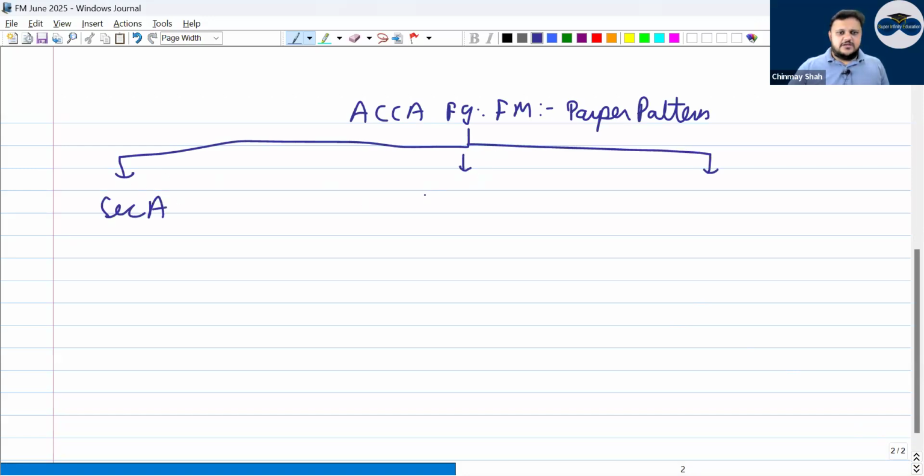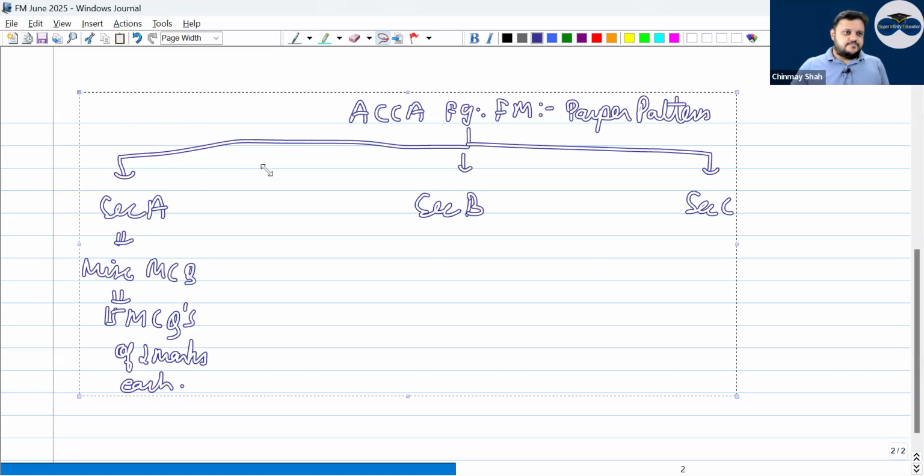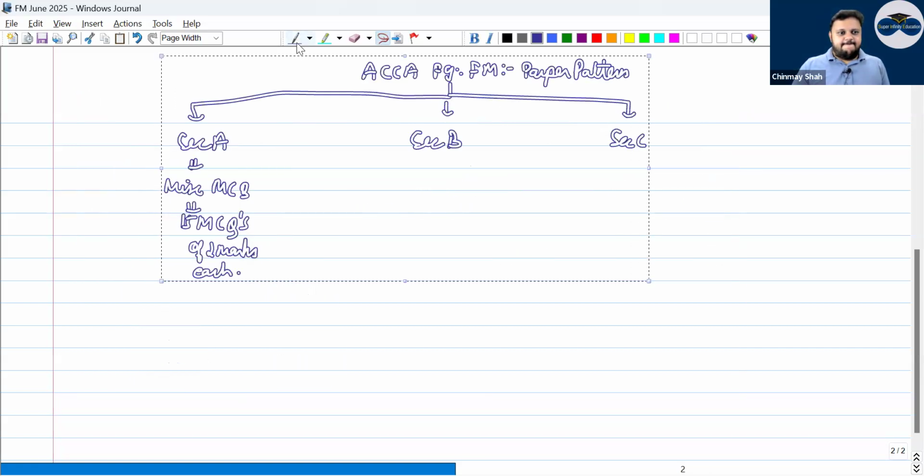So, section A, section B, and section C. Correct. Section A, I love to call it miscellaneous MCQ section. 15 MCQs of 2 marks each. Right.